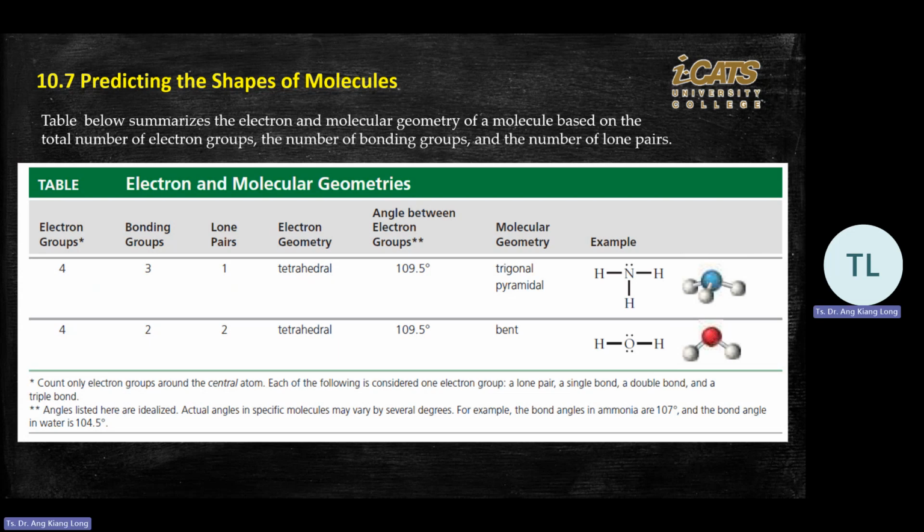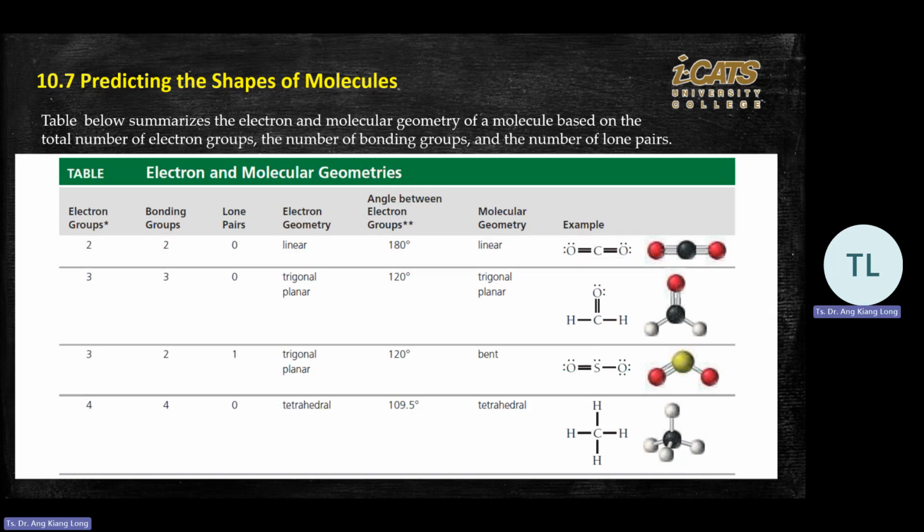For ammonia, the angle is 107 degrees, because here you have the angle between electron groups. Through calculation, you arrive at somewhere near this angle, but reading from this table, ammonia is 107, not 109 or 120.